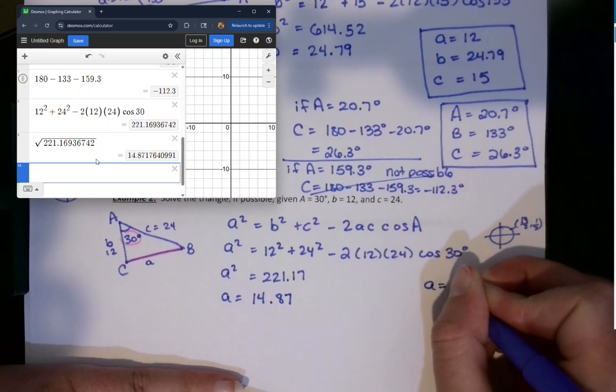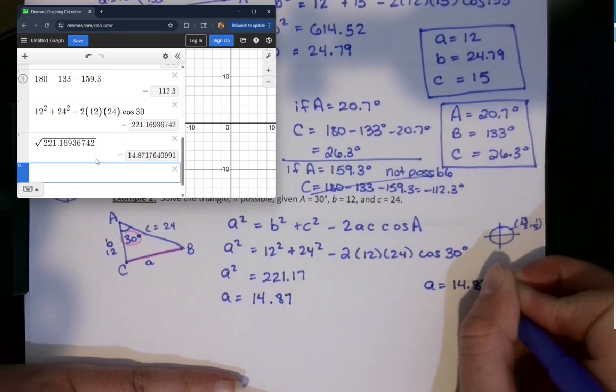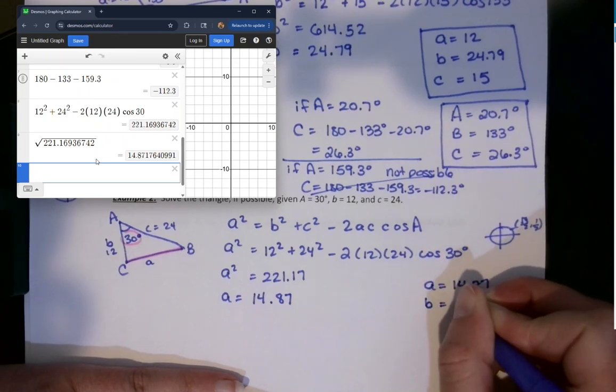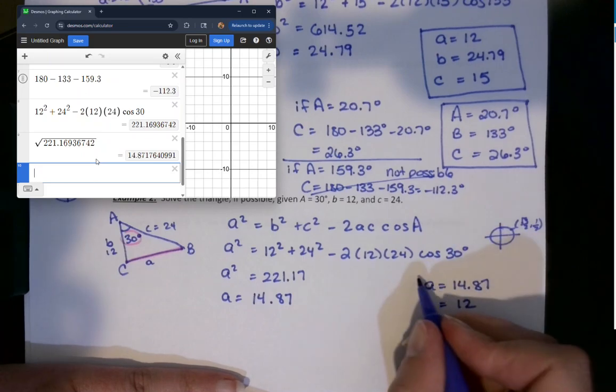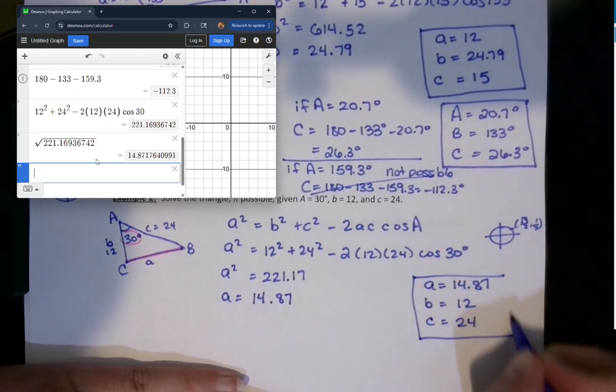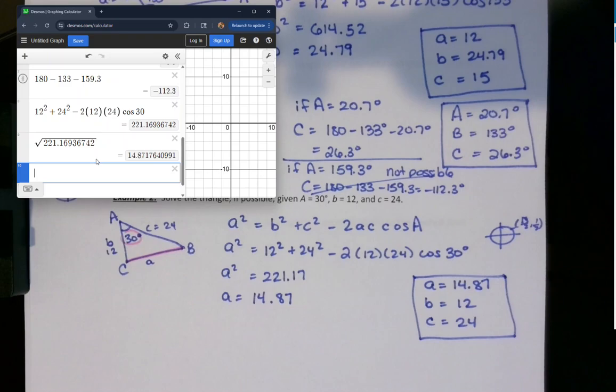So I know all of the sides. Side A measures 14.87, side B measures 12, and side C measures 24. I need to know all 6 things, but once I know 3 sides or 3 angles, I just like to write those down, get them out of the way, and now know that I'm looking just for angles.